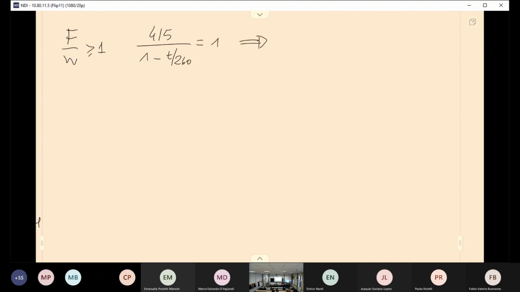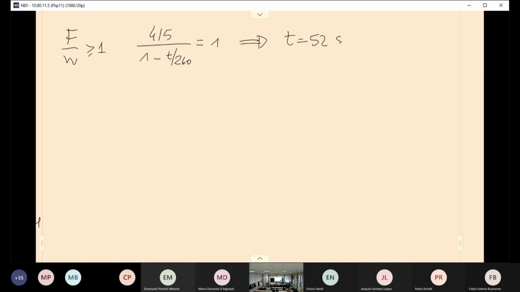And it follows that T is 52 seconds. So in this computation, we say that we can safely lift our rocket even if one engine fails, but this must occur after 52 seconds over the whole duration of the operation.